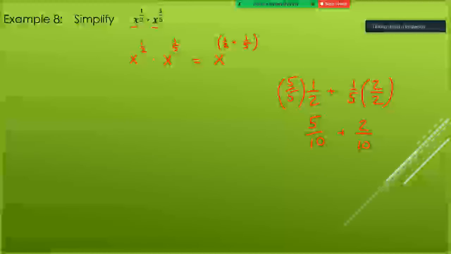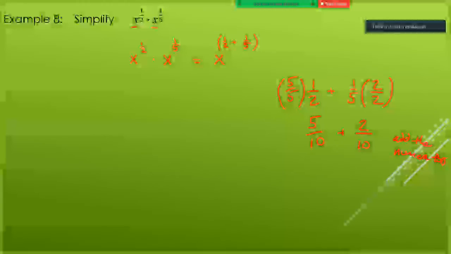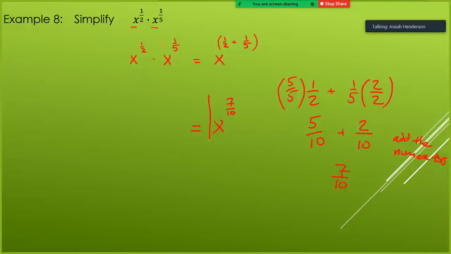Now we can add the numerators. Remember, what we have here is 5/10 plus 2/10. So how many tenths is that? It's 7/10. So that's why we're adding the numerators together. So it looks like what we have is x to the 7/10 power. This is our answer.